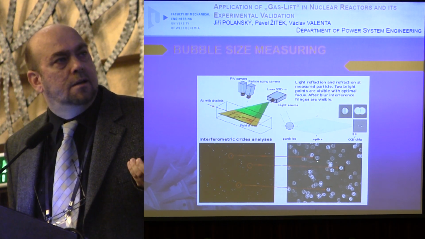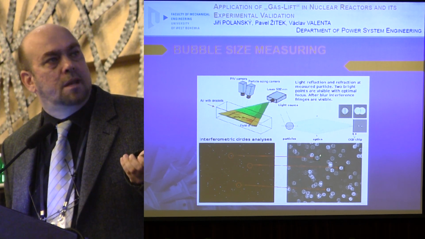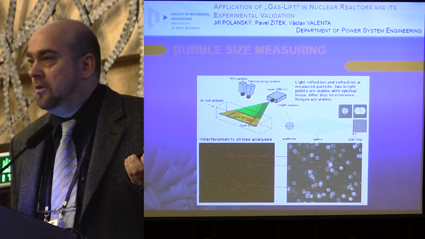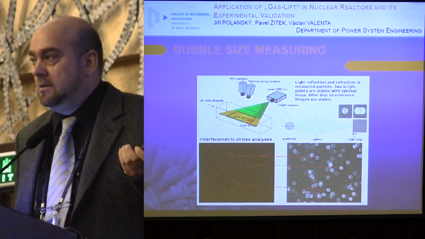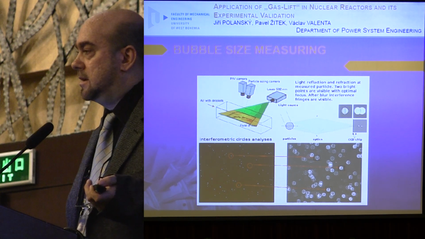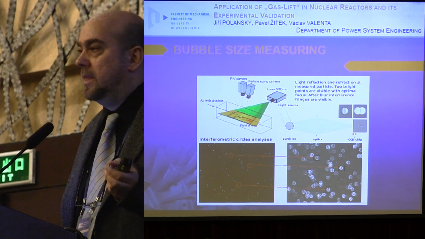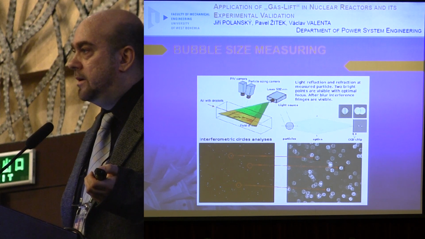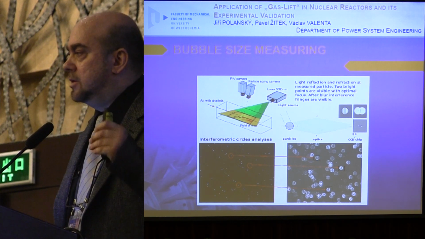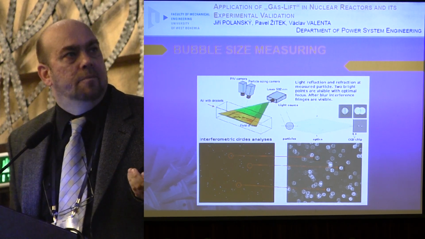Then we can see interferometric lines, and the number of these lines corresponds with the size of the bubble. Of course, there are lots of limits for this method. For example, the bubble must be spherical. The dynamic range of this measurement must be less than 20, which means the ratio between the biggest and smallest bubbles, etc.